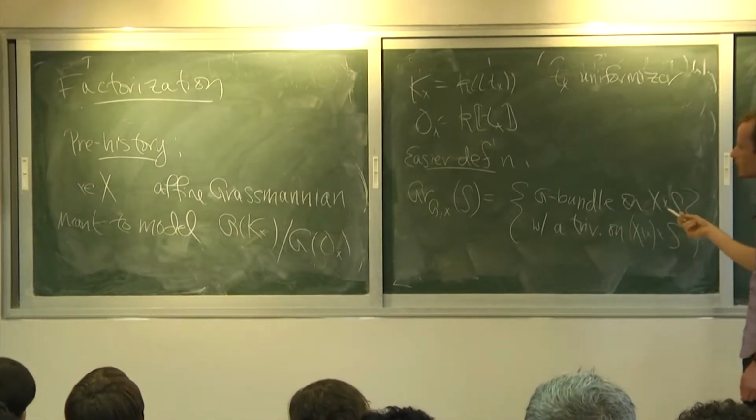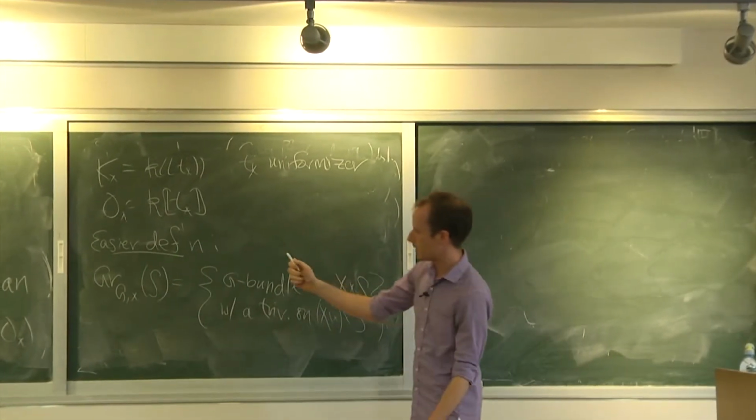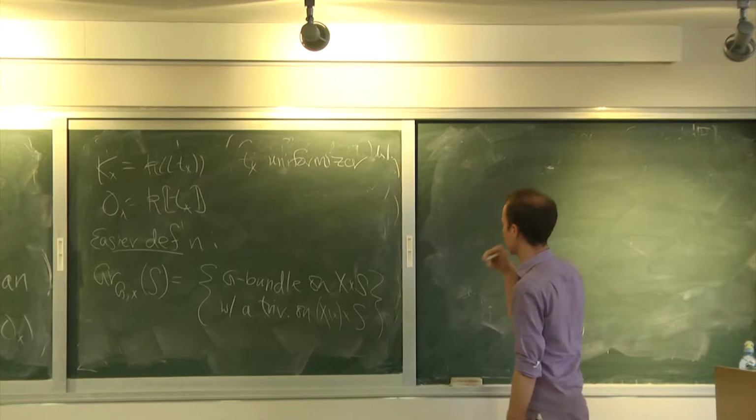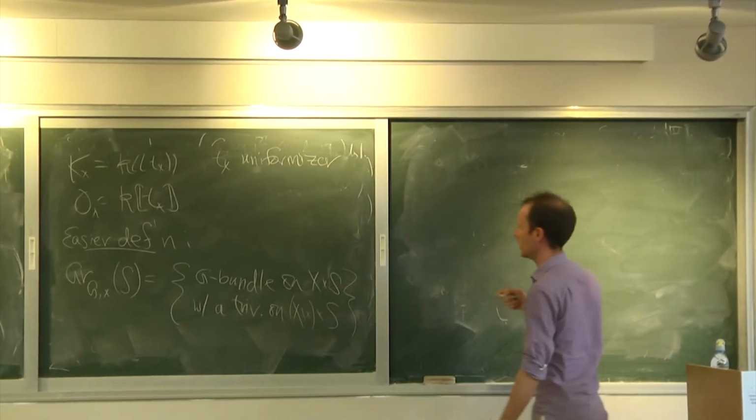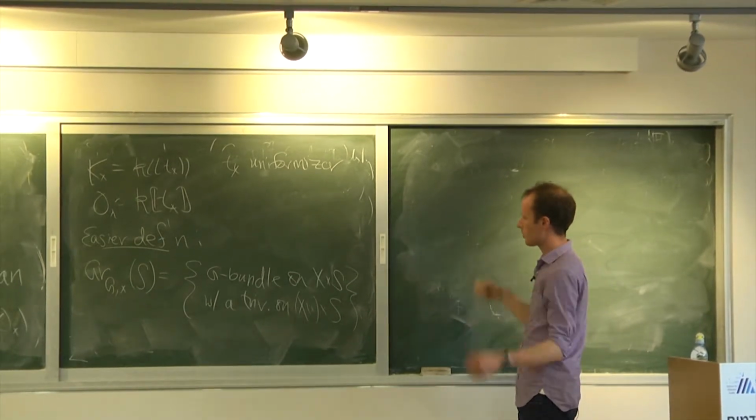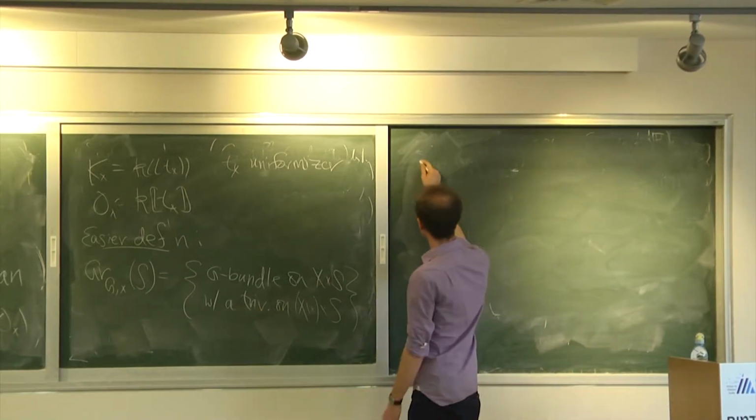One way to reformulate this, just so that it's more obvious that its k points are given by that particular set, is to give a definition that doesn't depend on the actual global smooth curve that we've chosen.